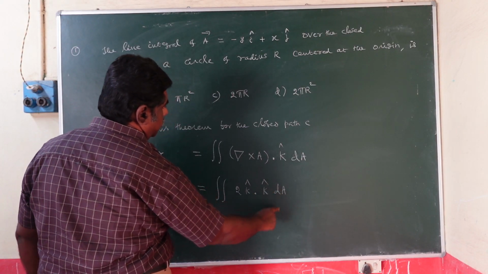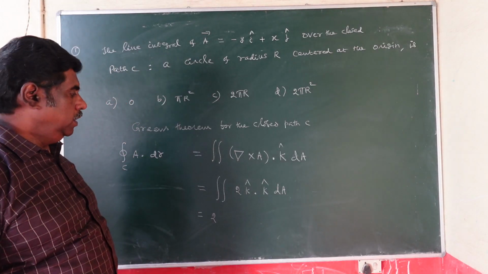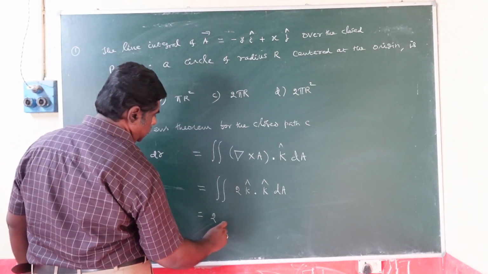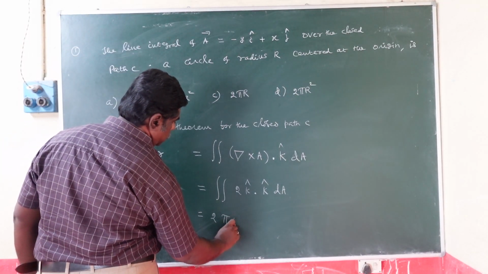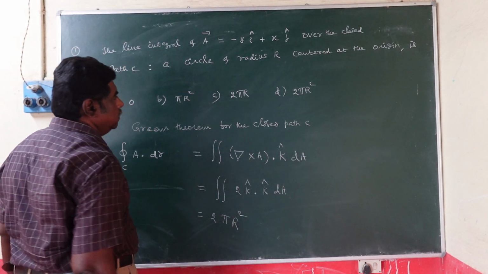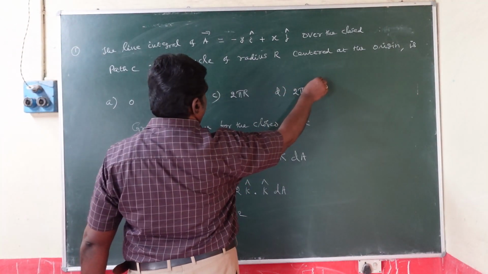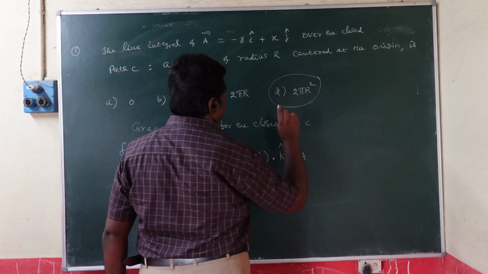Then if you take the integral of dA, we can get A. Area of the circle is pi r square. So the answer is 2 pi r square. Therefore, option D is correct.